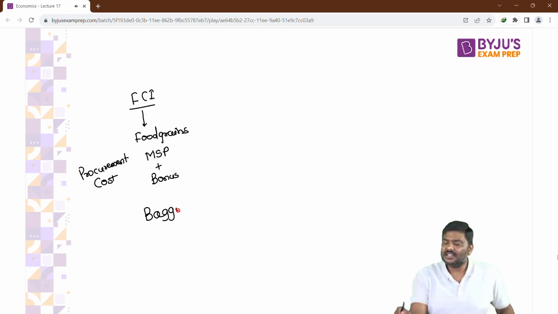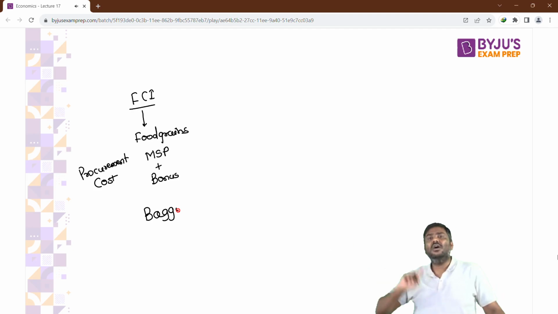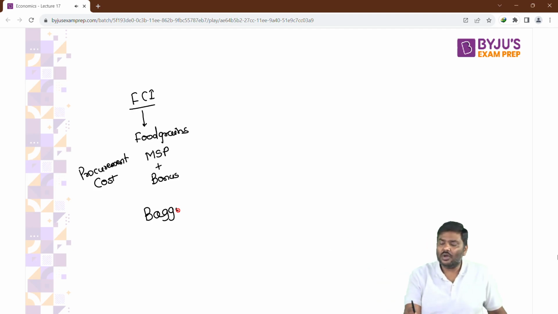Storage charge. Then you will move these food grains to the respective state, let's say, and you will ask a certain person to distribute all of these food grains. Can I say there also certain charges will be incurred? Can I call this distribution charges?